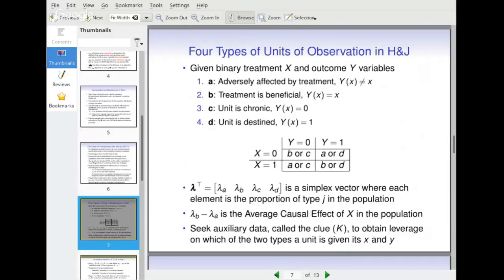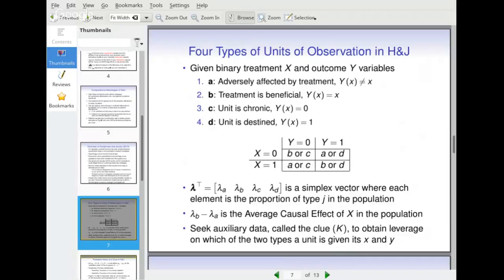In particular, if we organize this into the famous 2x2 table, what you'll see in each of those interior cells is there's going to be ambiguity. So let's say we observe a country for which X is 0 and Y is 0.